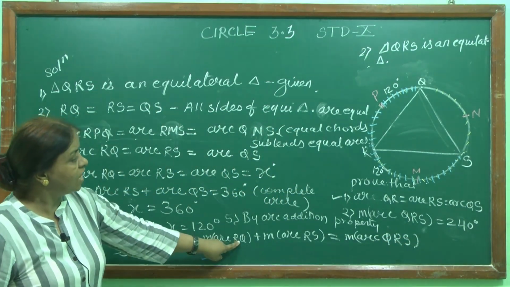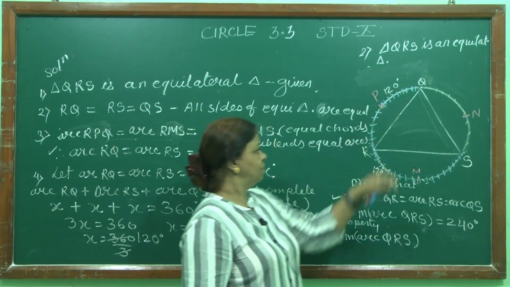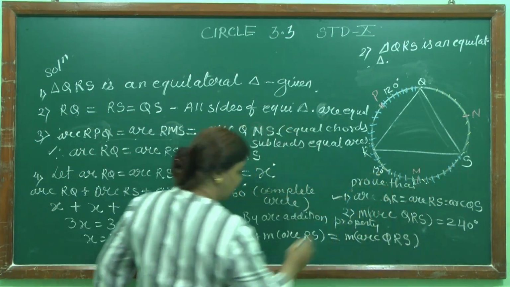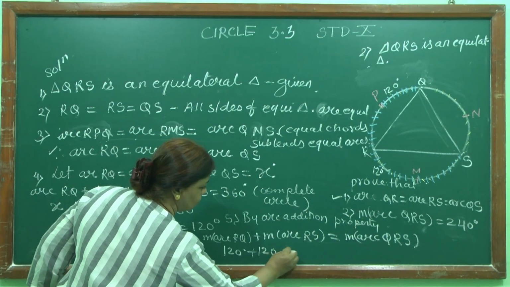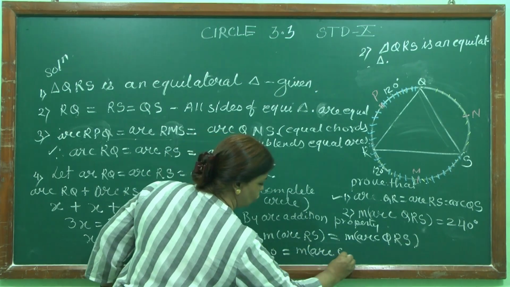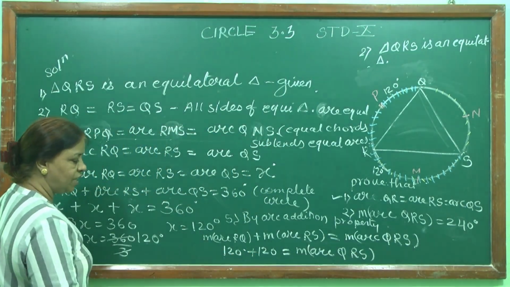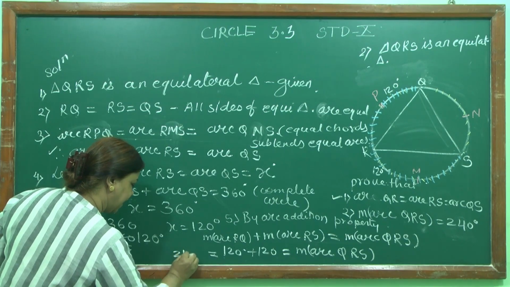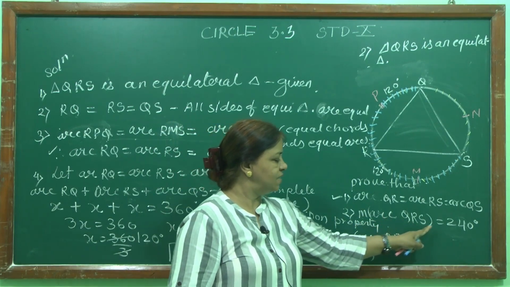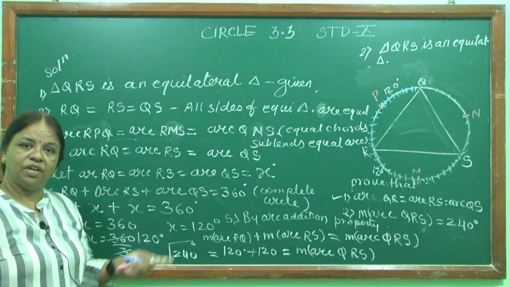Now how much is arc RQ? 120 degrees, see. And how much is arc RS? 120 degrees. So major arc QRS, how much are we getting? 120 plus 120 is 240 degrees, hence proved. So major arc QRS is equal to 240 degrees, we have proved. Children, you can pause the video and you can write down.